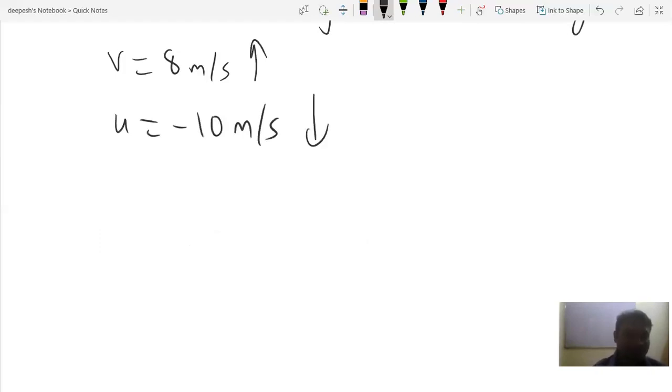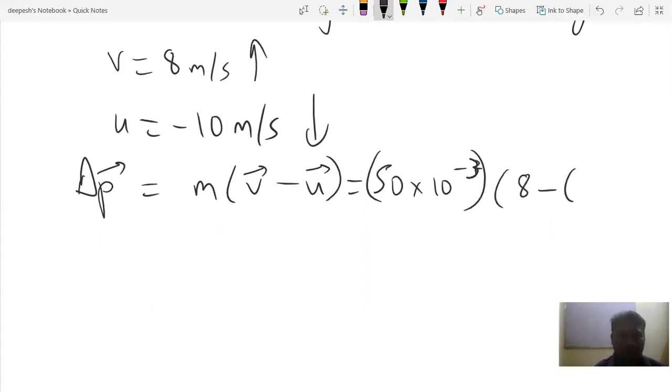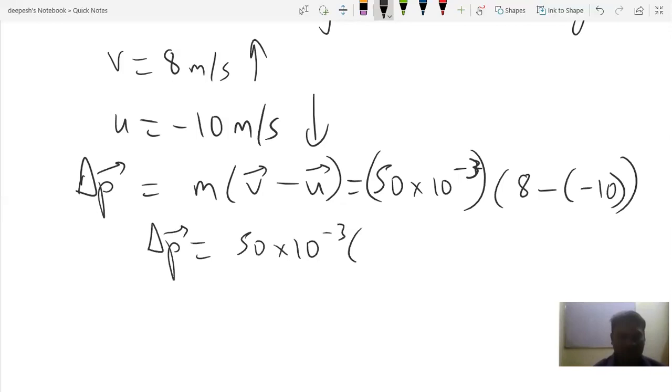Final velocity is 8 meters per second upward direction. So change in momentum delta P is m into v minus u. So mass is given as 50 grams, 50 into 10 raised to minus 3 kg, into v minus u, which is 8 minus minus 10. So change in momentum comes out to be 50 into 10 raised to minus 3 into 18.